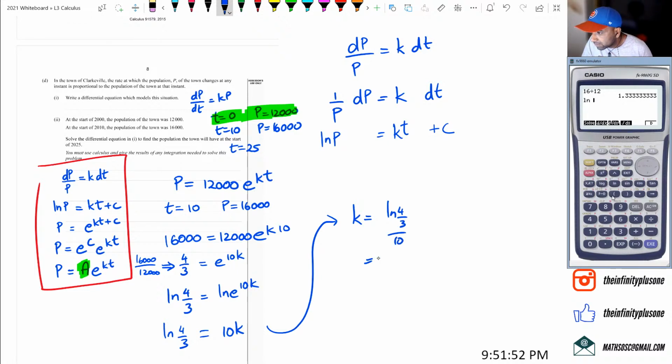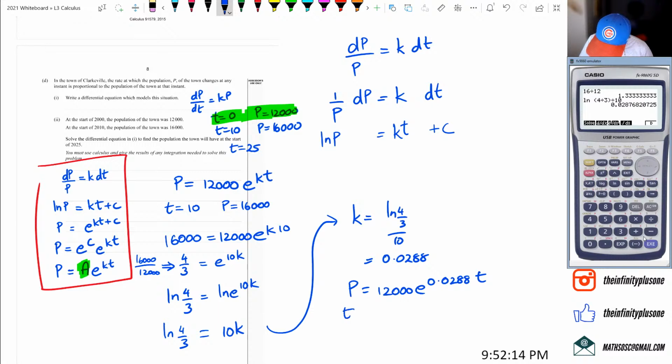So ln of 4 divided by 3 divided by 10 is giving me 0.0288. So my population is equal to 12,000 e to the power of 0.0288t.